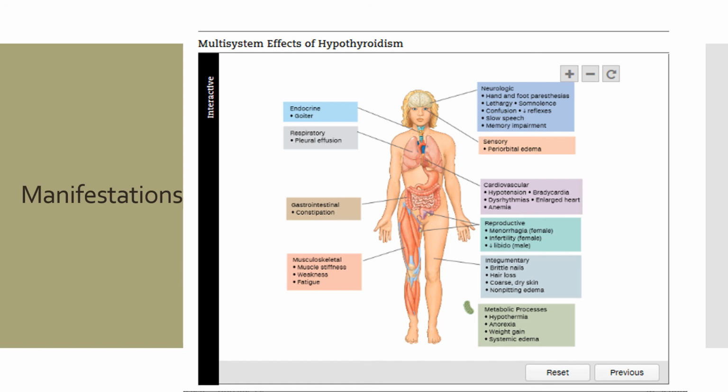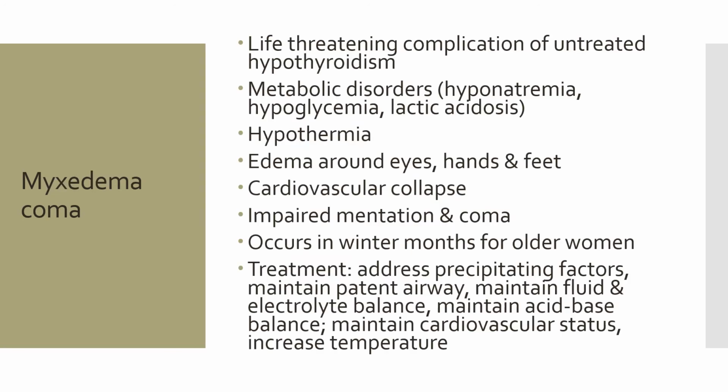So they're going to come with a sweater on in the middle of July and maybe a scarf and maybe gloves on because they're that cold. The hyperthyroidism patient is going to be in flip-flops, shorts, and a tank top in the middle of January when the rest of Florida is wearing their sweaters.